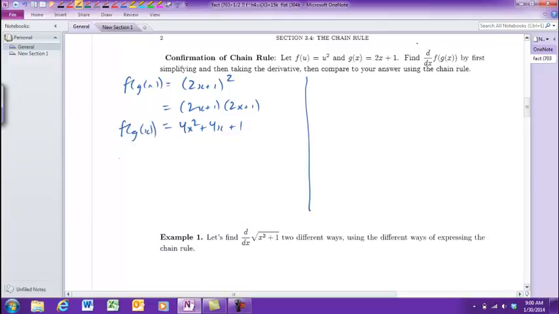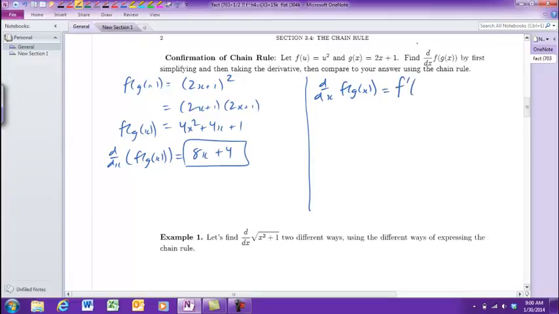And now when I take the derivative of that, it's just the derivative of that polynomial, so the 2 comes down, I get 8x plus 4. And that's my answer. Now using the chain rule says that the derivative of f of g of x is equal to f prime of g of x times g prime of x.